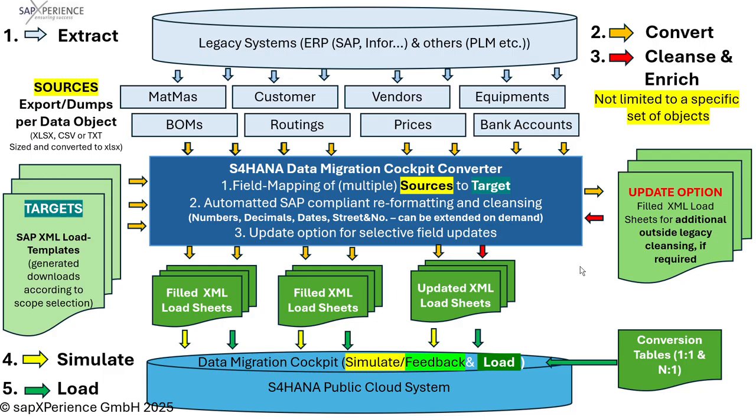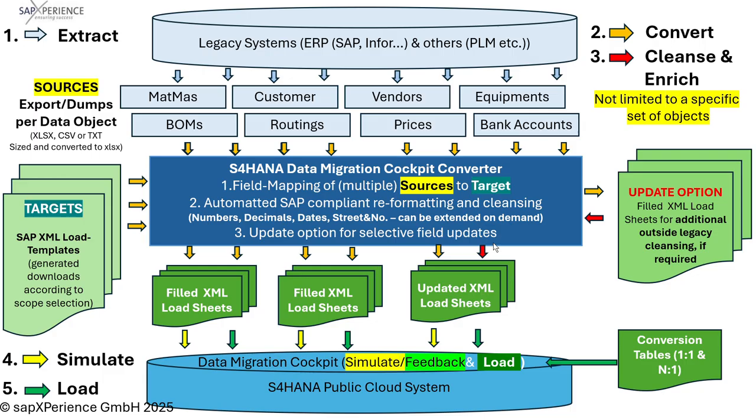There is also a built-in update option. That means you can take these pre-filled XML load sheets and use them as an additional input into the S4HANA data migration cockpit converter and update the fields which you have cleansed in these XML load sheets, and they will be taken and updated in the newly generated XML load sheets.